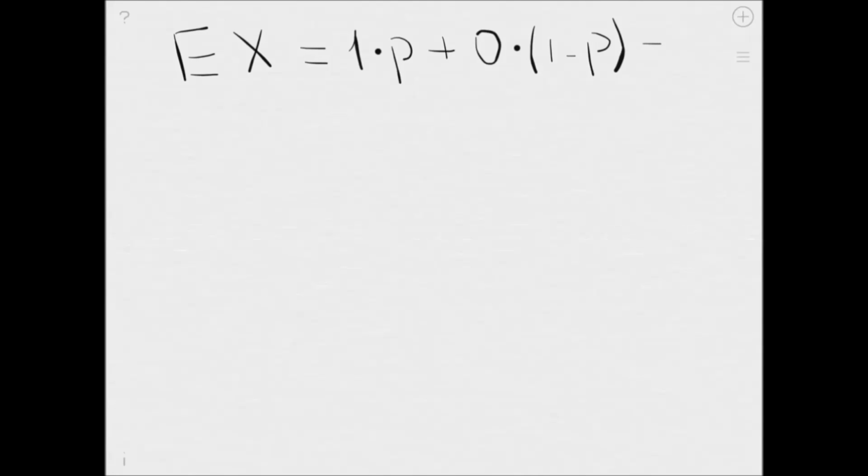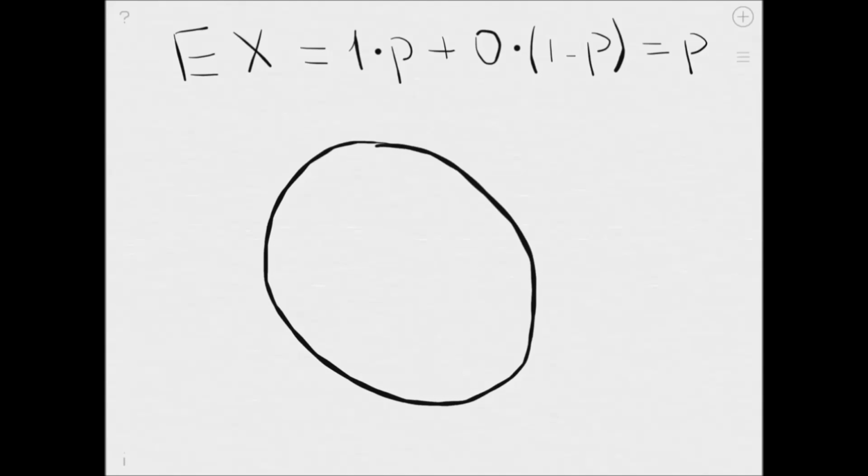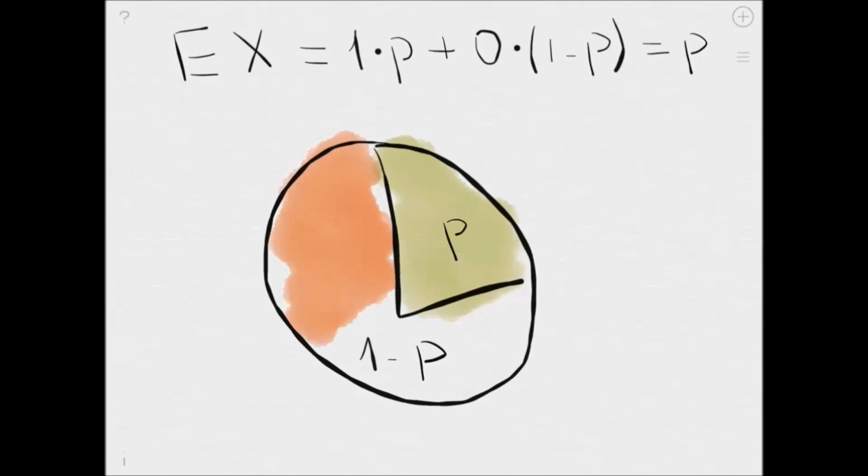And as a result we are getting that expectation of Bernoulli variable is equal to p. Really, if it takes lots of people, the percentage of them with successful result will be equal to p. So this result is a little bit obvious.